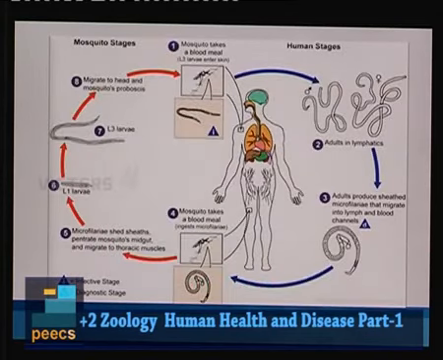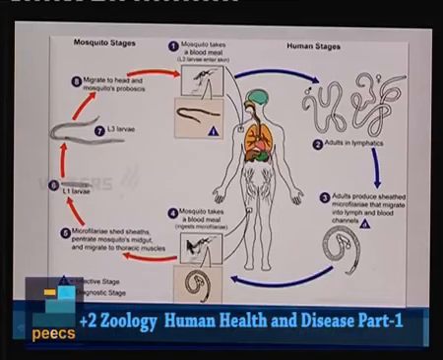Here the life cycle is picturized. You can see it over here. When the Culex mosquito bites an infected person, within the blood meal there will be microfilariae. Microfilariae are the young ones of Wuchereria bancrofti. And further what happens?